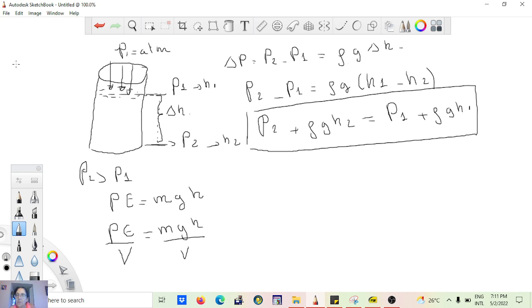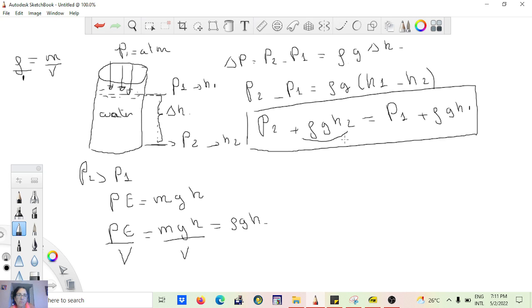We did that many times. You remember that the density, here the density of water, is the mass divided by the volume. So mass divided by volume gives us rho g h.